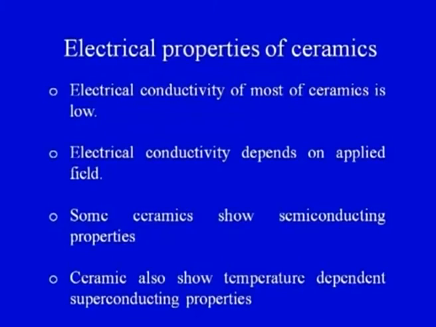Now, coming on to the electrical properties of ceramics, the last slide just highlighted that the mechanical properties of ceramics are different from those of metals, and one important aspect that has just come to my mind is about applications of ceramics. If you remember in our previous lecture, lecture number 1, we classified the ceramic materials into two broad categories.